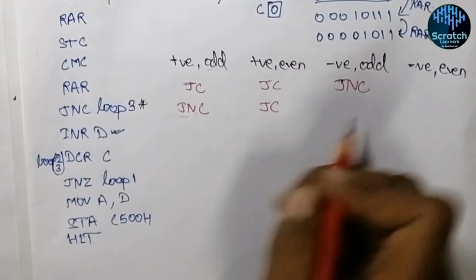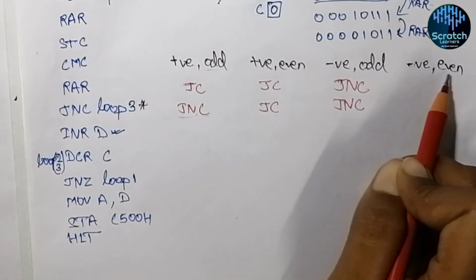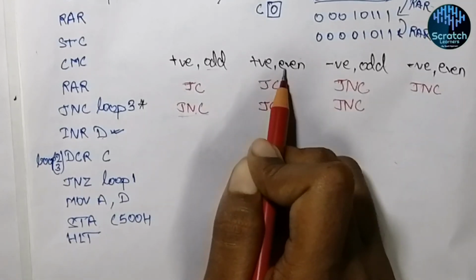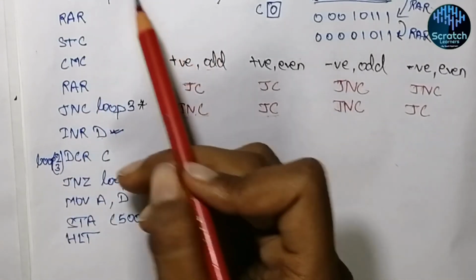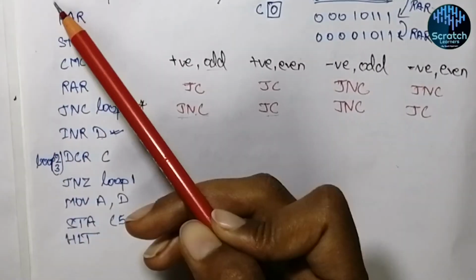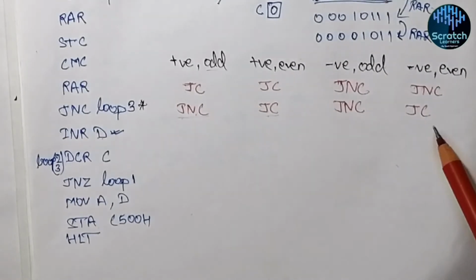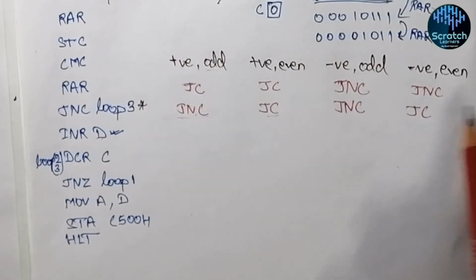And for negative but even numbers, this will remain JNC, and here for even we have used JC loop. So these two, JC and JNC, will be altered by these corresponding values, and then you can easily check for all these four combinations.